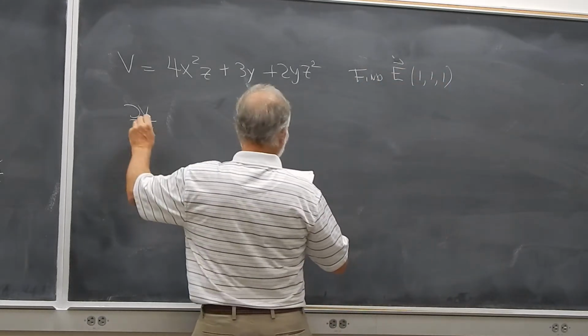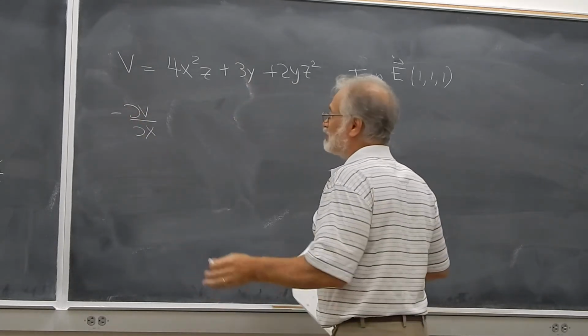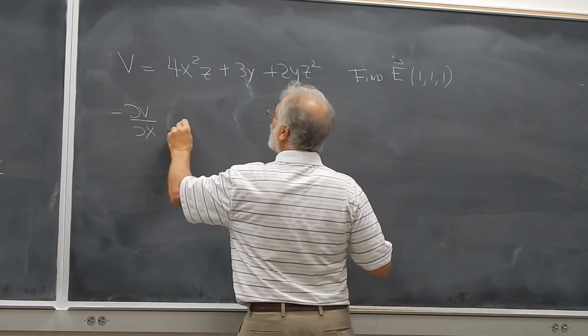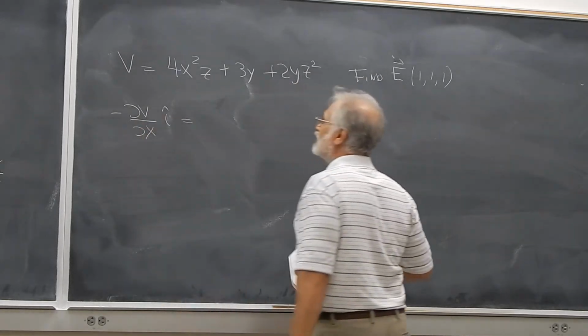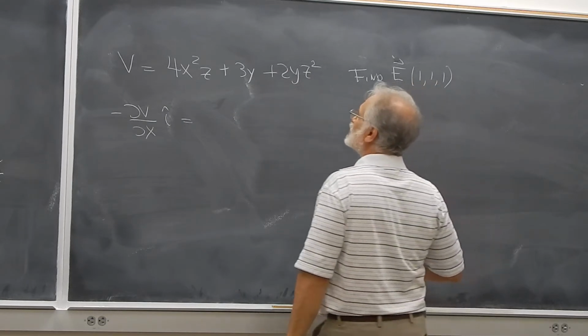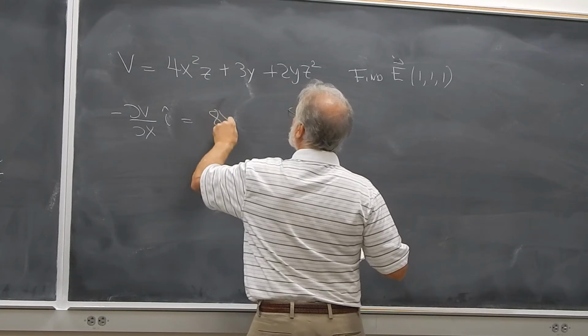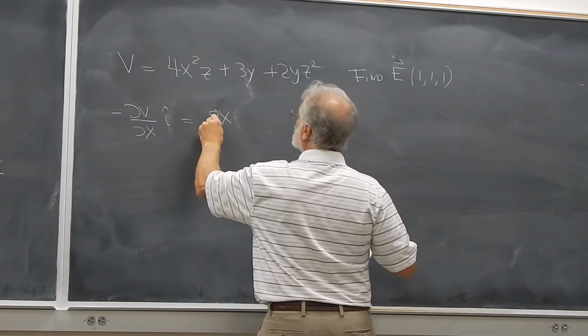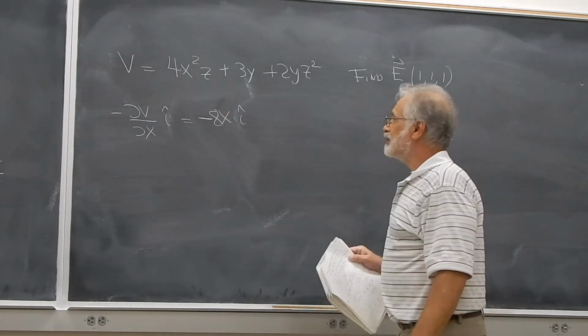And if I do that, in fact, take the negative partial, that will be equal to, and multiplied by the unit vector i. So if I take the partial with respect to x, that will give me 8xz, negative sign, in the i direction.